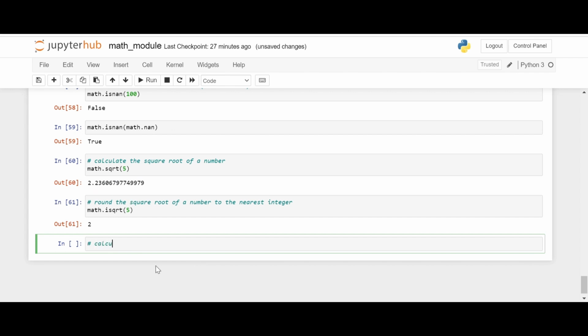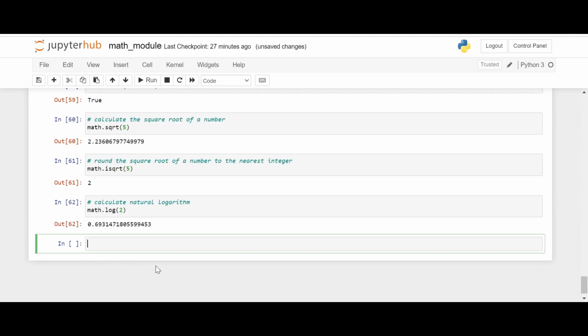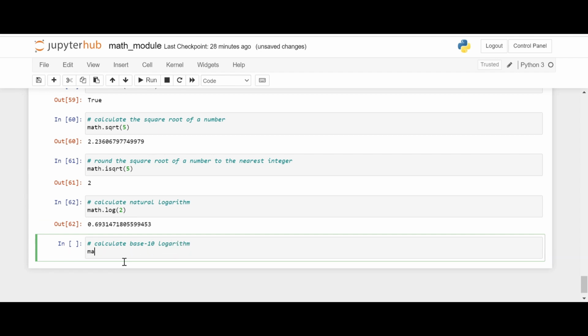Now calculate natural logarithm. So math.log. Now calculate base 10 logarithm. Math.log10 of 2.